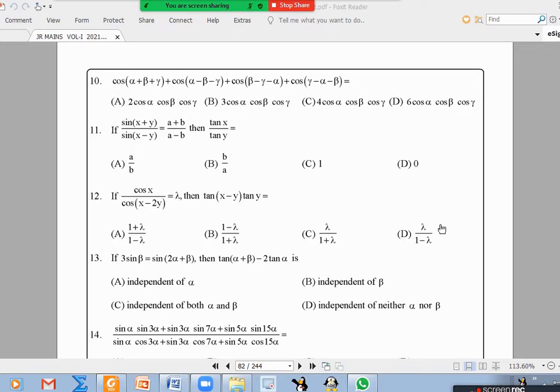Okay, 11th question. This question can be given in compound angles, it doesn't have to be given in multiple or submultiple. You can apply componendo dividendo to get it.